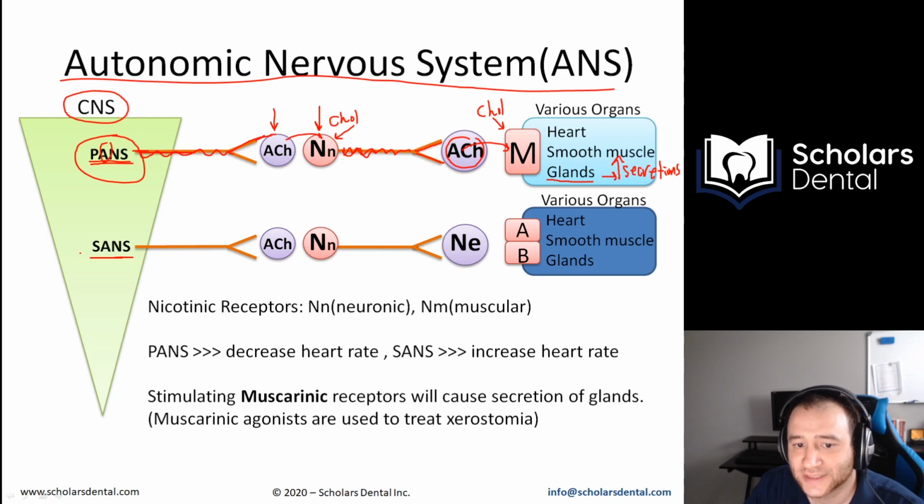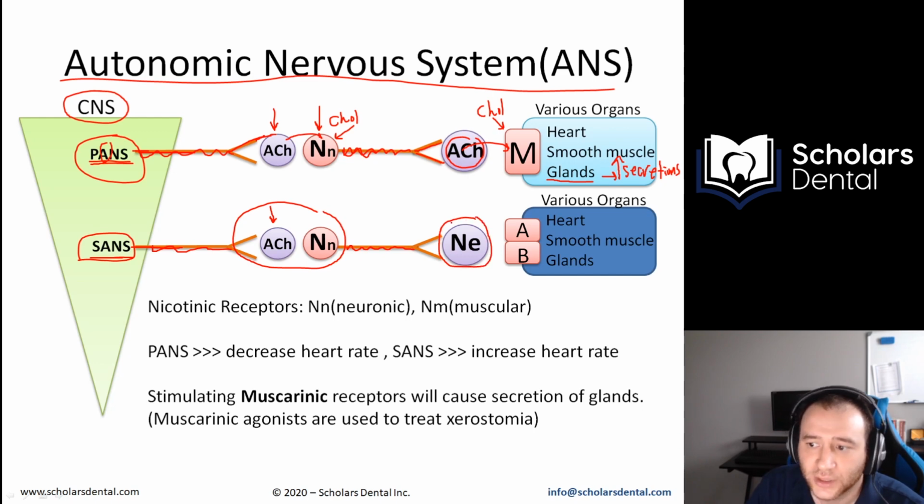Okay, now we have the sympathetic nervous system. These fibers will carry the signal, and even though they're sympathetic, they still release acetylcholine, okay, in the ganglionic area, and they connect with the nicotine, and then that signal will transmit to this neuron, and then at the end they release norepinephrine, and norepinephrine, how is it going to speak to the cell? It needs to target alpha or beta receptors.